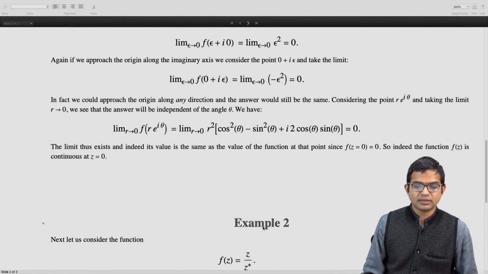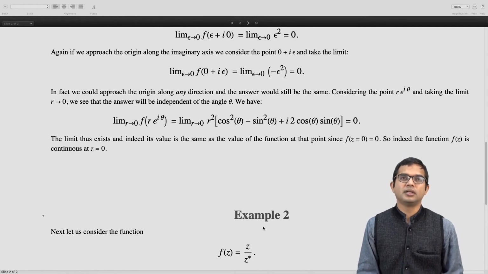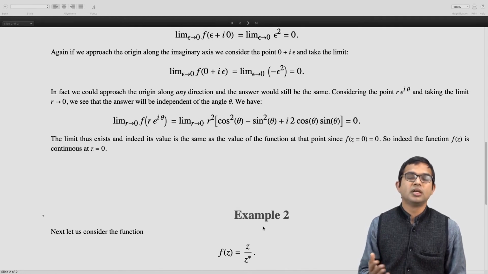So let's look at another example. If we consider a function like f of z is equal to z divided by z star, right? We have seen that z star is the complex conjugate. So if you have the complex variable x plus iy, z star would be x minus iy.